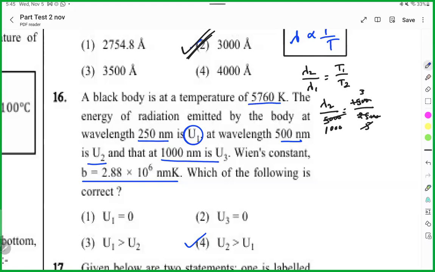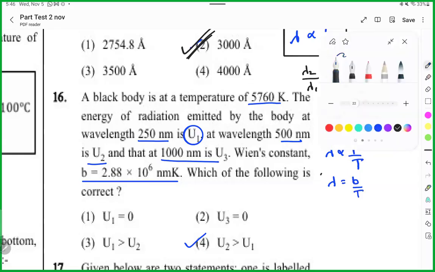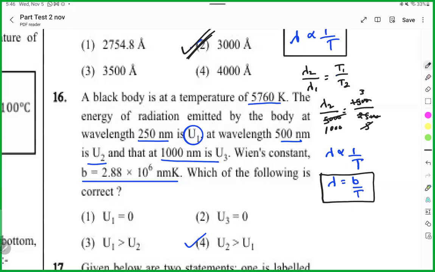How to calculate? The same formula. Wavelength is inversely proportional to temperature, and when you remove the proportionality constant, you use b. This is Wien displacement law, the same law we used in the above question. So you can calculate the average wavelength because temperature is given.